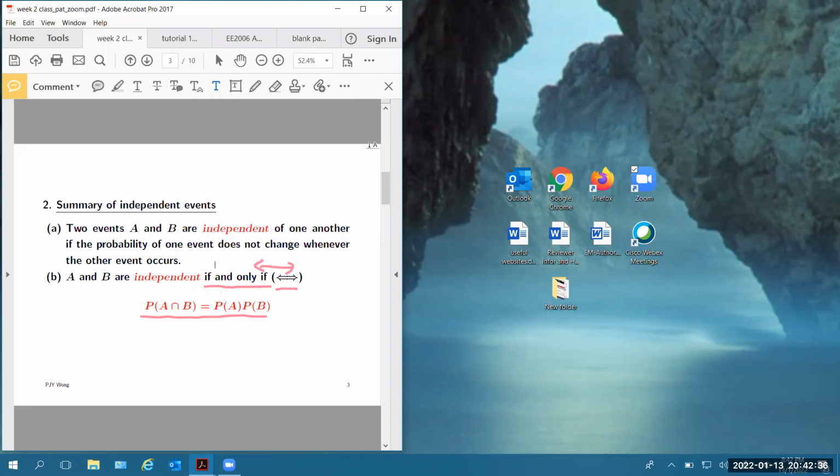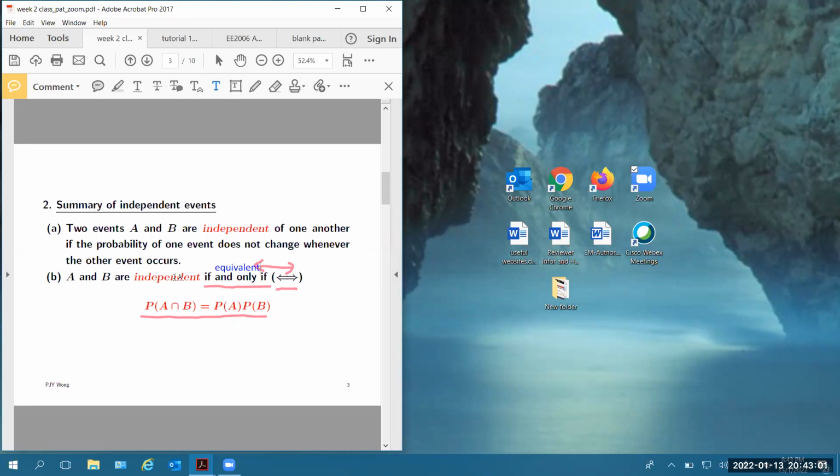Given that, Prof, is it? Not exactly, because you see, the arrow is both ways. A and B are independent means you get this formula. So another word for this is equivalent.